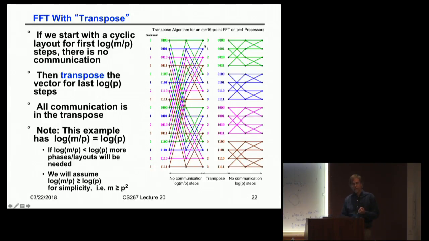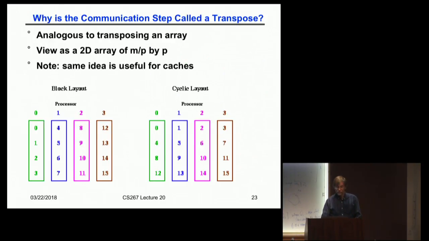Pull the memory into cache, do the work of the green processor, put it back. Then it'll do all the work of the blue processor in cache, put it back, and so forth. And then, again, when it gets here, it'll get all the data that the green processor would have into cache, do all these flops, put it back. And so the total amount of memory traffic is exactly equal to what the parallel algorithm would do. But the sequential algorithm is just pretending it's the parallel algorithm.